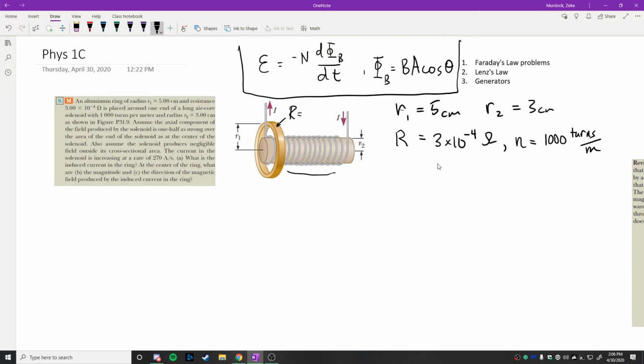This number is effectively the rate at which the current is changing, so I'm going to call it the derivative of the current: the rate of change of the current is 270 amps per second. The first part says, what is the induced current in the ring? That's the first thing we're going to try to figure out, and then some other things.